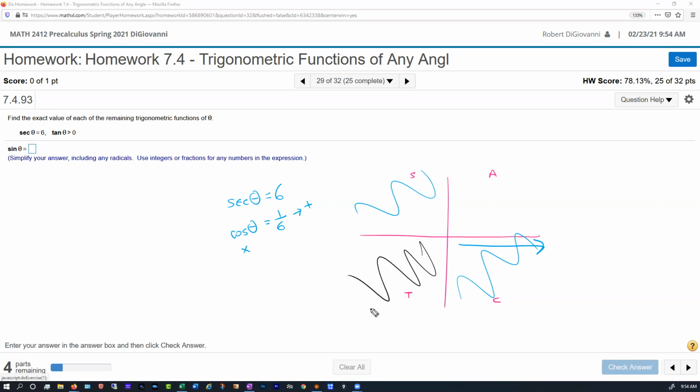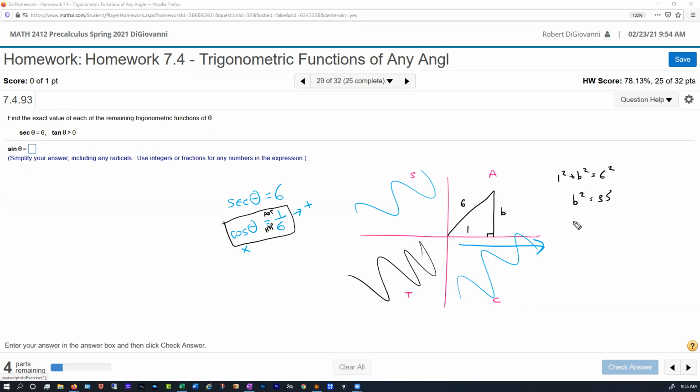Okay, so let's stick with this: cosine is this right here, adjacent over the hypotenuse. So I'm going to draw a triangle. I know my adjacent side is 1 and this is 6. So I need to figure out that side. I'll call it b. So we get b squared equals 36 minus 1, which is 35.